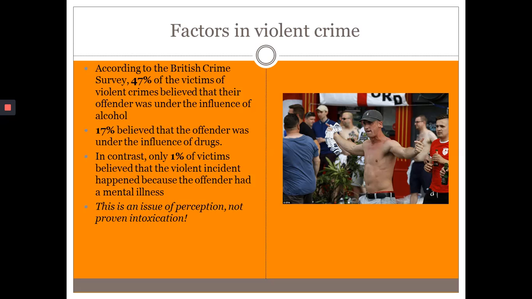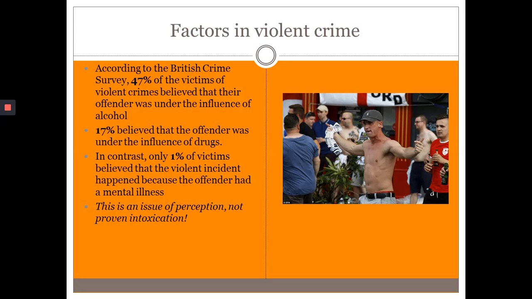So the British Crime Survey that's mentioned there noted that 47% of the people who were victims of violent crimes, somebody that had beaten them up or punched them or kicked them or whatever, believed that the person attacking them was drunk at the time of the attack. 17% of them thought the attacker was under the influence of some other substance, crack or cocaine or speed or whatever it is that they might have been on. 1% of the people surveyed by the BCS believed that their attacker had a mental illness.